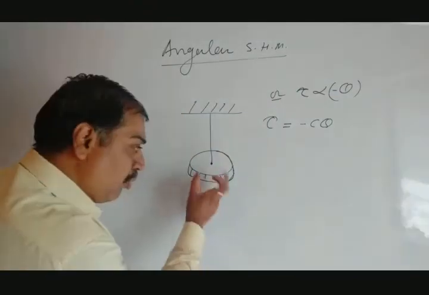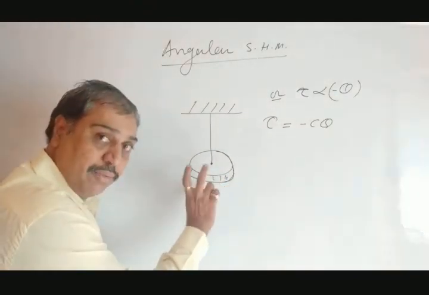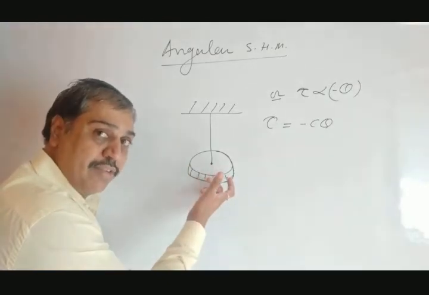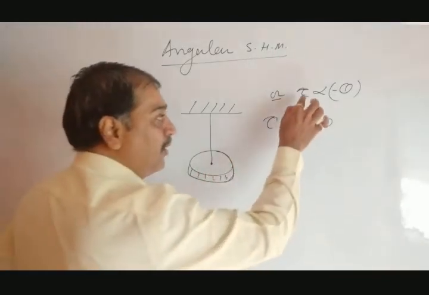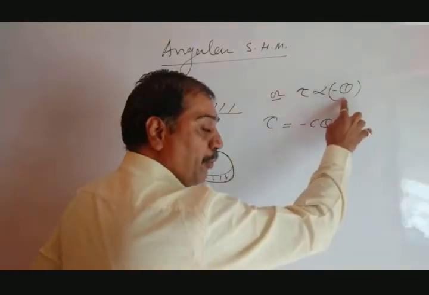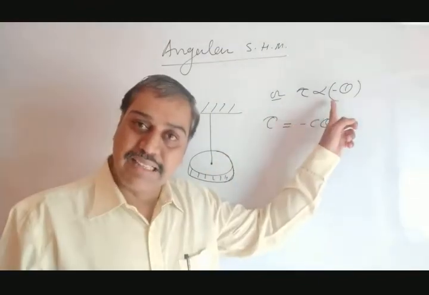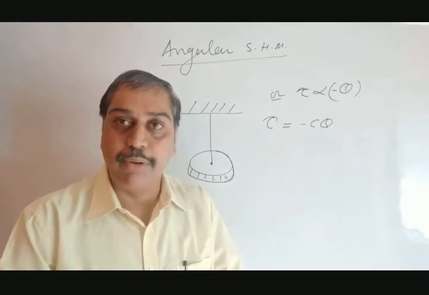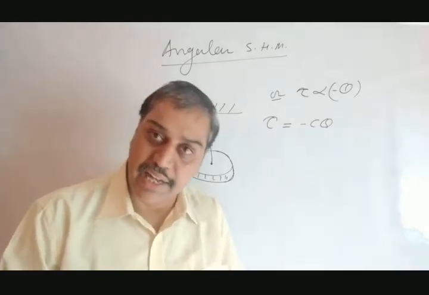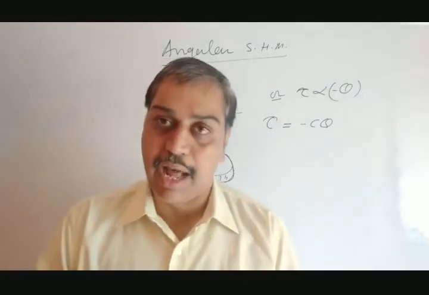As we twist more, the angular displacement is more, and the force is exactly in the opposite direction. Displacement is more, torque is more, but the minus sign shows that angular displacement and torque are in opposite directions. As they are directly proportional, this type of motion is said to be angular simple harmonic motion.